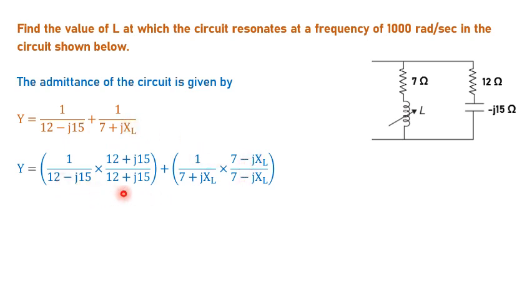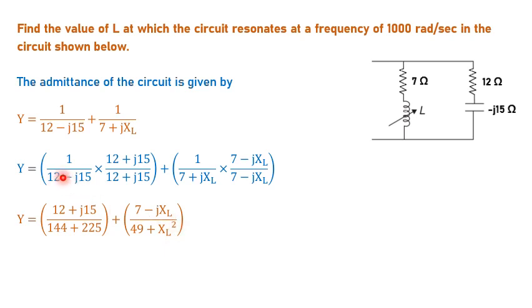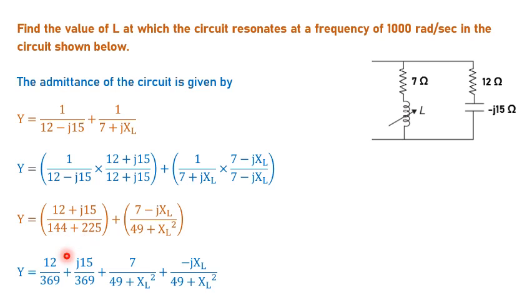And again this is A plus B into A minus B. So this is A and J15 is B. So the total value is 369, and separate this into two terms, and again separate this into two terms.